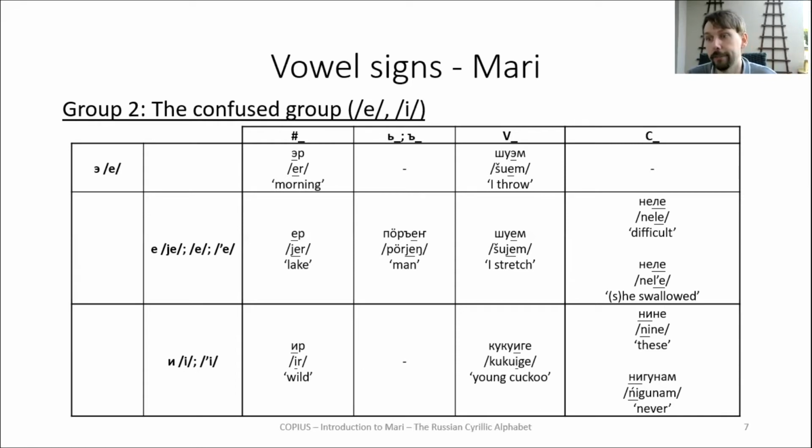After consonants, however, we use the E regardless of the palatalness of the preceding consonant. So we have nine, no palatal sounds here, these. But we have nigunam, the n, a palatal nasal, for never. There's no way to know this.